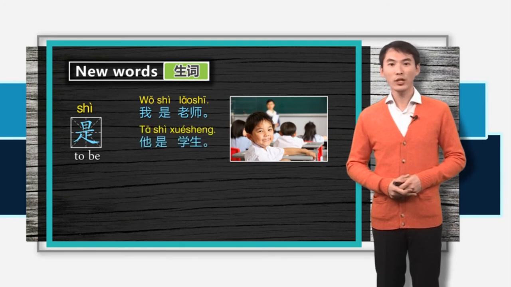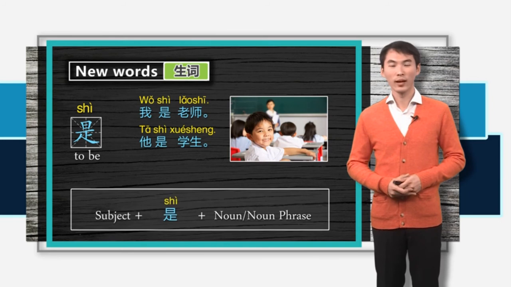Yes, 他是学生. 跟我读, 他是学生. Did you find the word order in this sentence is the same as in English? The sentence structure is subject plus 是 plus noun or noun phrase, indicating what somebody or something equals or belongs to.